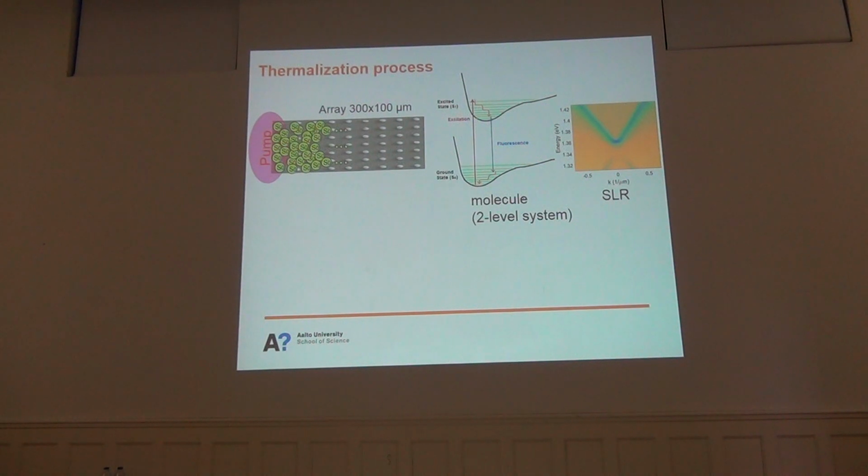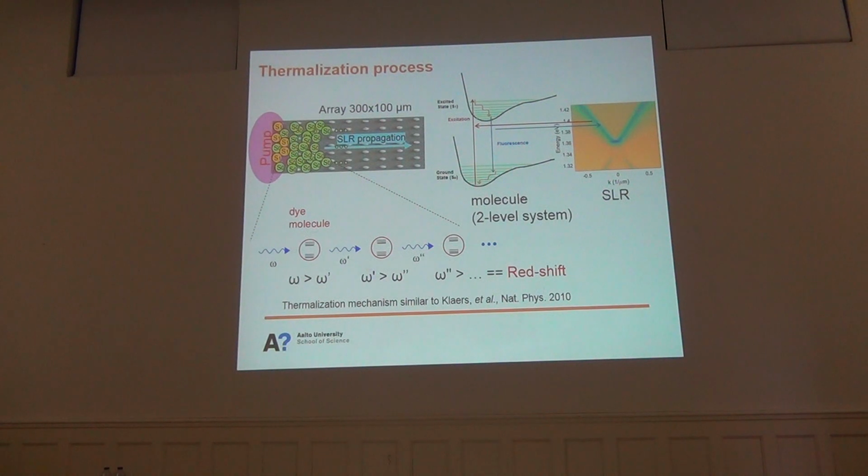Now as we pump the molecules at one end of the array, it causes some of them to go into the excited state. These will emit photons which will excite the lattice modes, and the modes start to propagate along the array in this direction. As the modes propagate, they only meet ground state molecules which are able to absorb the photons and emit them back to the array. But as I said, in each cycle of emission and absorption, the molecules lose some energy.